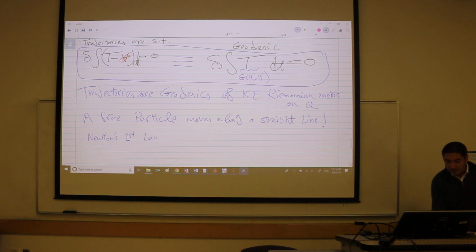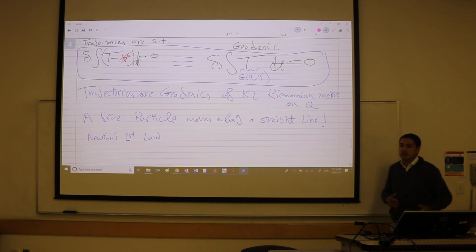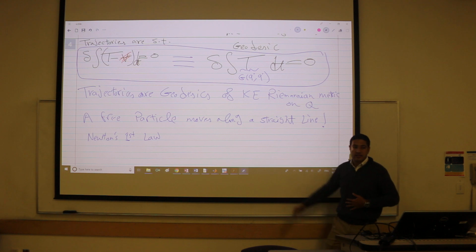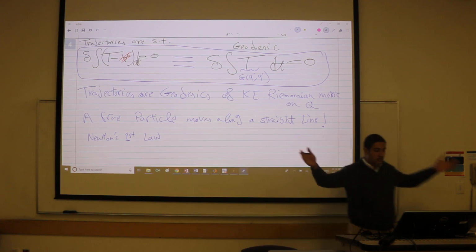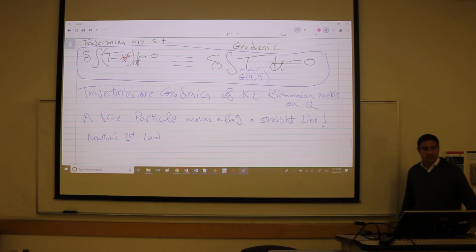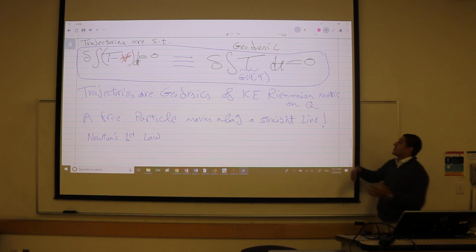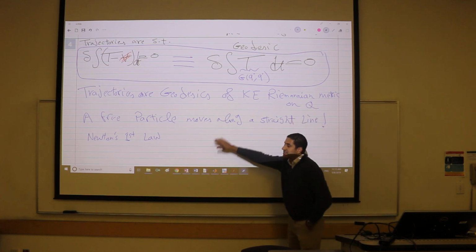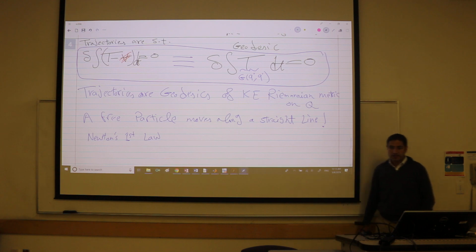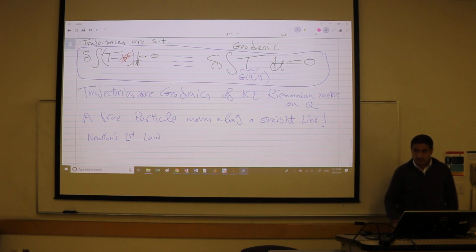But Newton was concerned with R3. Here we're just generalizing it. It's Newton's first law, right? A free particle moves in a straight line with a constant speed. But he was working in R3. Now we're working in whatever space. I don't care. Give me any space. It's still a straight line. Okay? Any question about that?